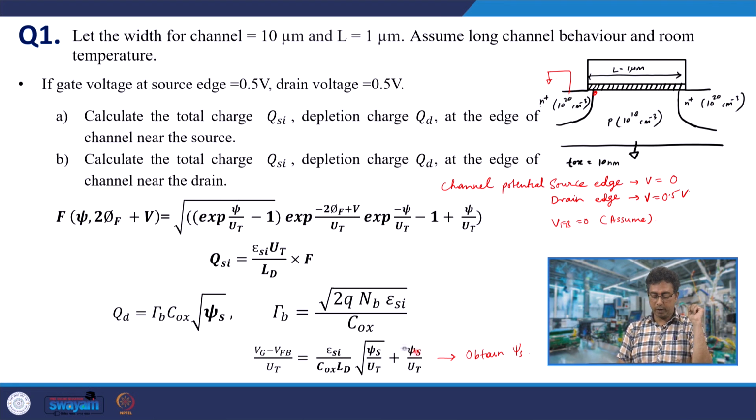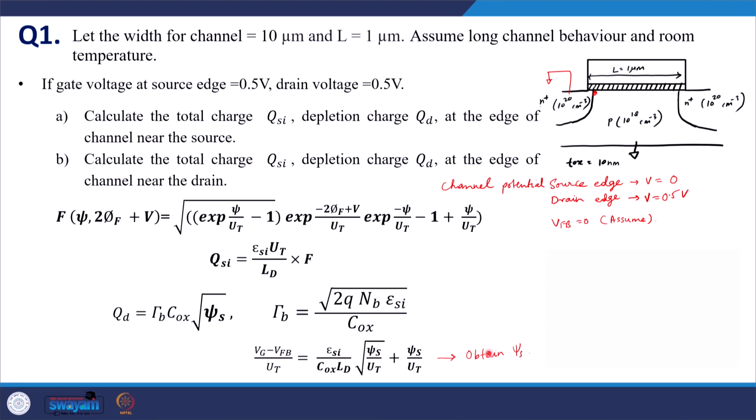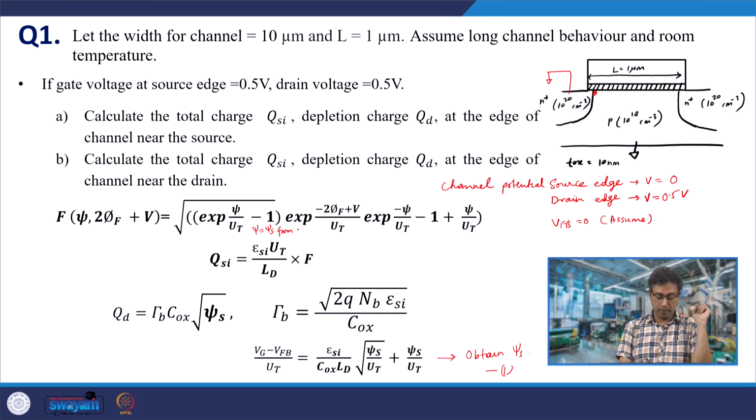This becomes a quadratic equation and you can get the value of chi s. There will be two values of chi s; one of them will be physically meaningful, the other one would come out to be negative, so you can ignore that. Then you calculate the F function by using chi equal to chi s. The value of V at the source edge and at the drain edge would be different, as we have mentioned here.